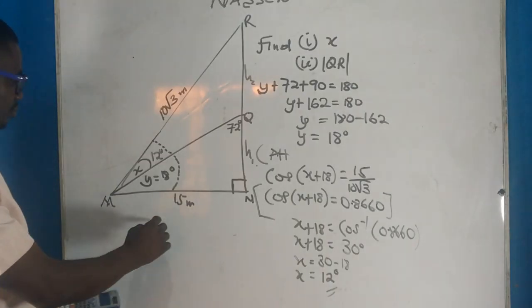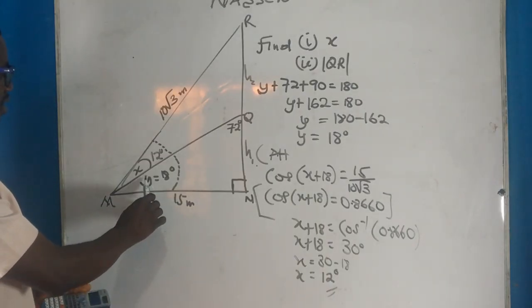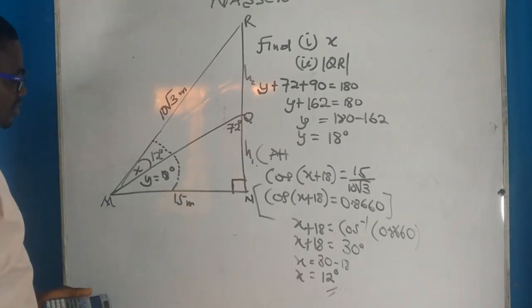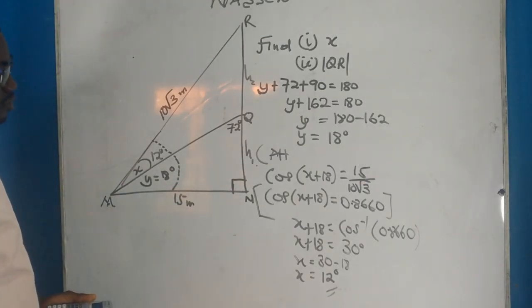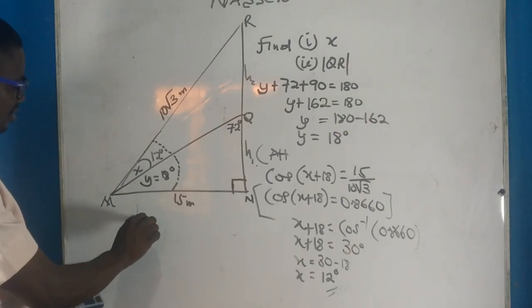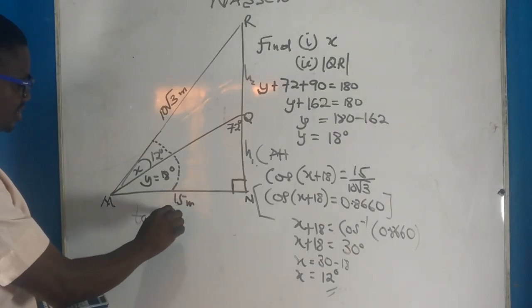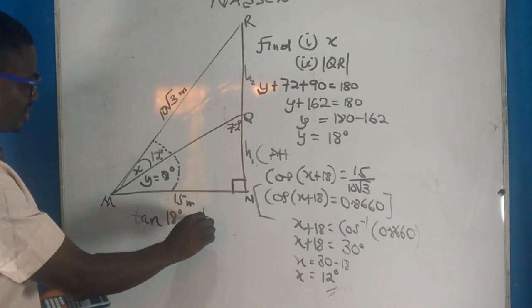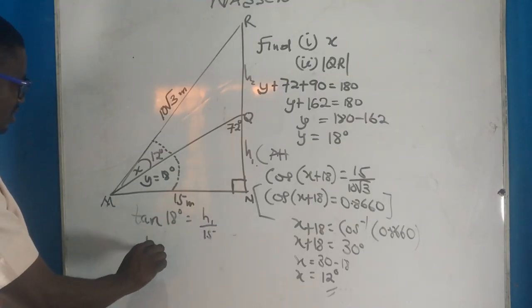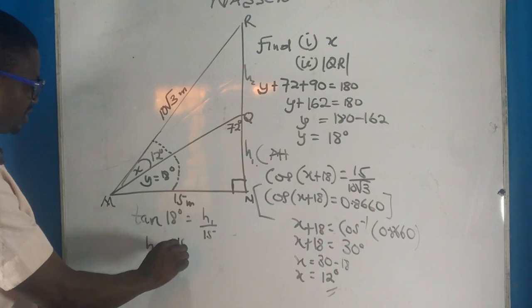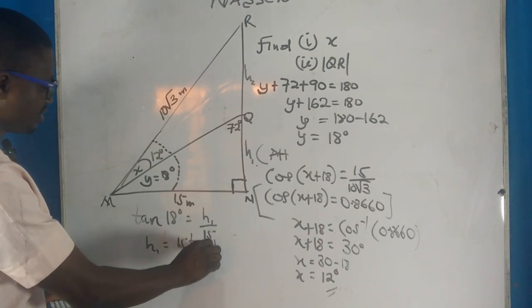So for h1, we have this side facing, that's the opposite, and then this side is your adjacent. So we have tan 18 is equal to h1 over 15. So h1 is equal to 15 tan 18.